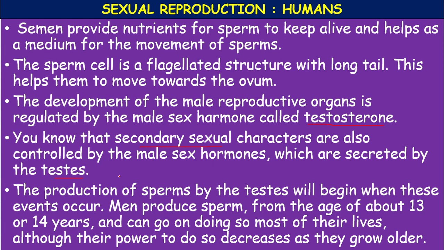Spermatozoon is a long flagellated motile cell consisting of a head comprising the nucleus and acrosome, a neck containing centrioles, a middle piece bearing mitochondria, and a vibratable tail. Okay.